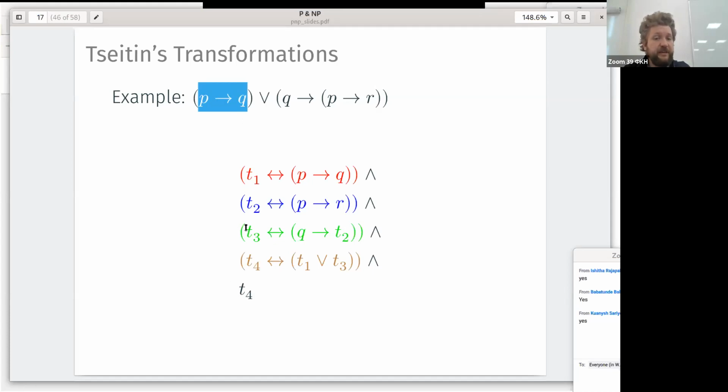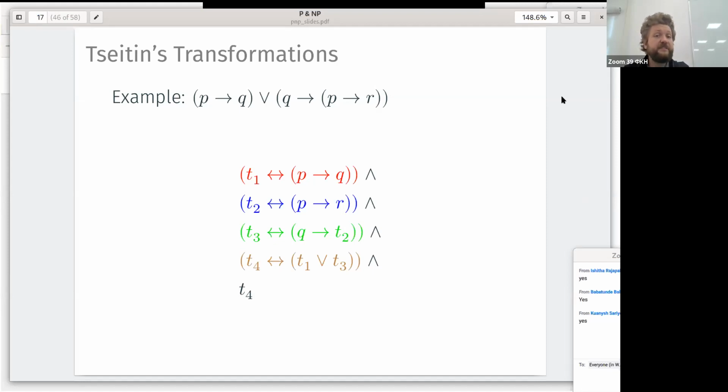The value for T3 is Q implies T2. So T2 is the same as P implies R. So T3 is going to be the same value as this. This means that T4 should have the same value as the whole formula. And also T4 should be 1. So this means that under this assignment for P, Q, R, we will get satisfiability. So again, if this big formula is satisfiable, the original formula is also satisfiable.